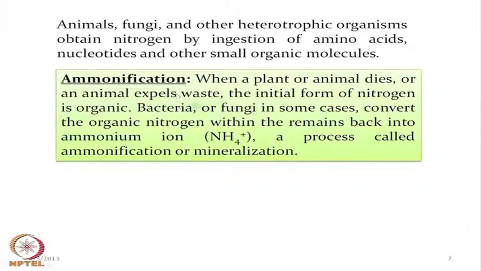That means, if we have some waste material, that is, from the dead material, this nitrogen is available from the breakdown of the amino acids, the polypeptides, the nucleotides. So, all these, the breakdown of the chlorophyll molecule, the breakdown of the other porphyrin rings present in the blood, the hemoglobin and the myoglobin.